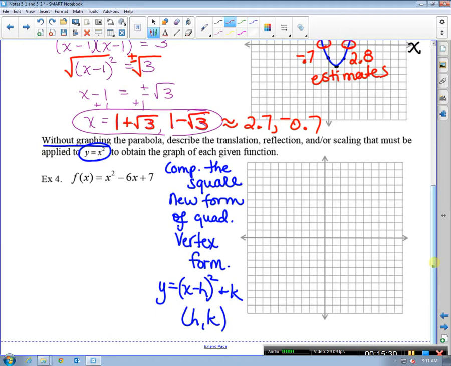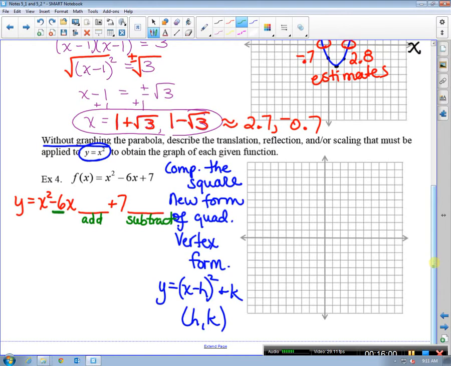So I'm going to take this equation, I'm going to change it to y equals x squared minus 6x, and I'm completing the square, so I'm going to leave some space, plus 7, and then I'm going to put some space after 7. And what you're going to see me do is complete the square where I need to add a number, and then over here I'm going to subtract the number. So I'm going to add and subtract the same number from the same side, which has a net of 0.